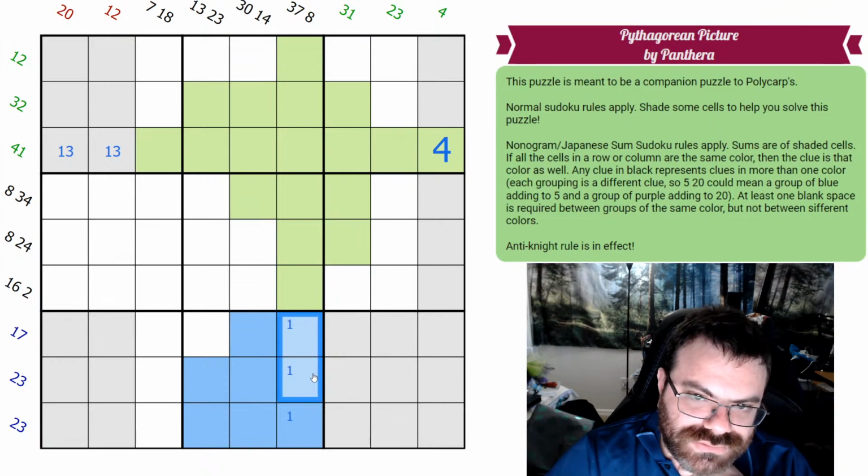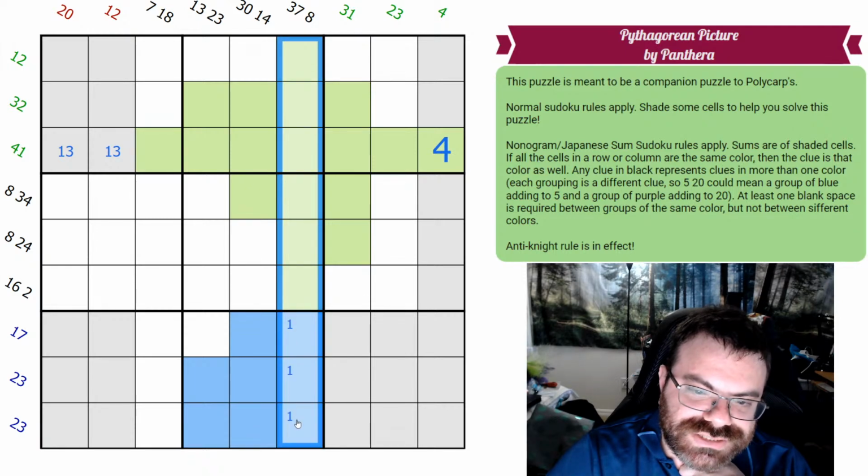So we can't have any unshaded cells because 37 plus 8 is 45.